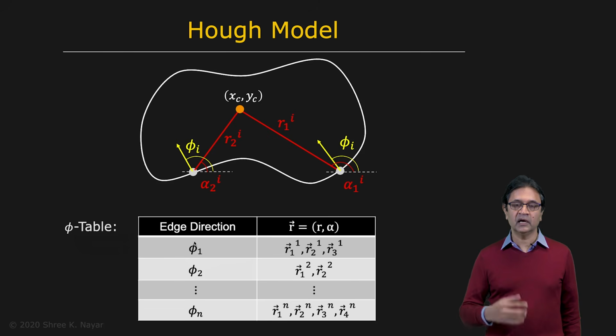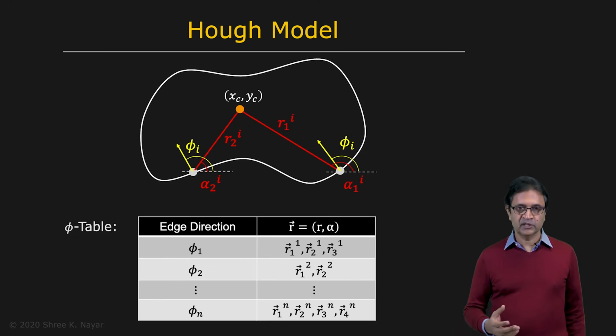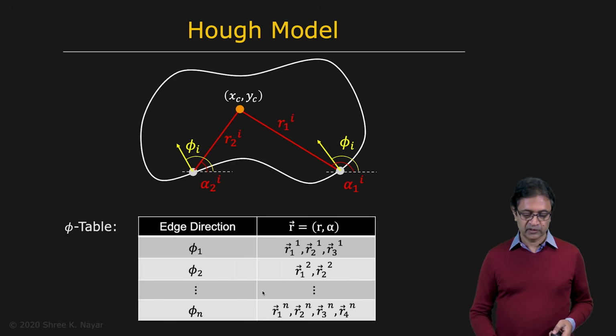And that's what we'll call the Hough model associated with this object. An object that cannot be described with an equation, but can be represented in a discrete form using this table. This is the model of the object.